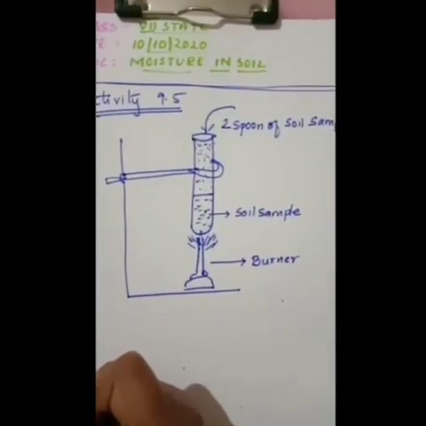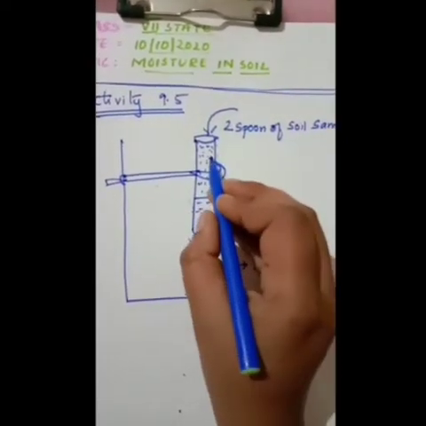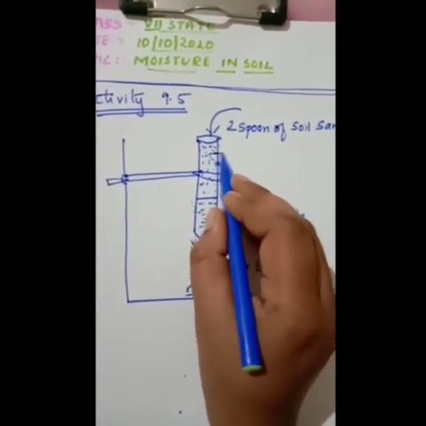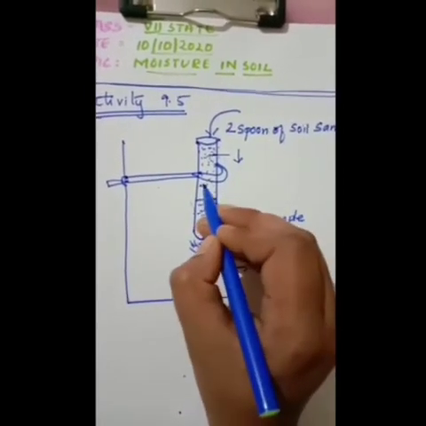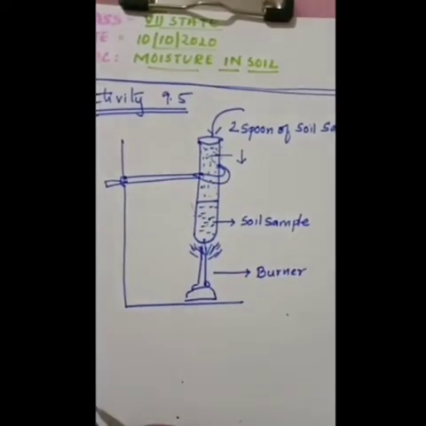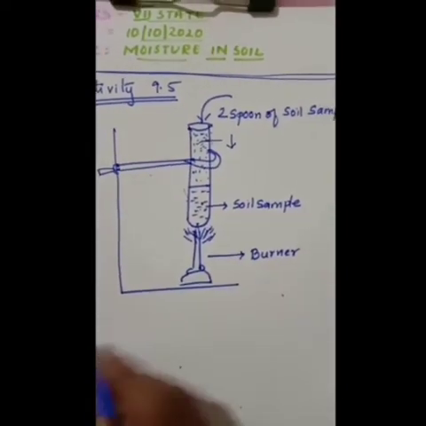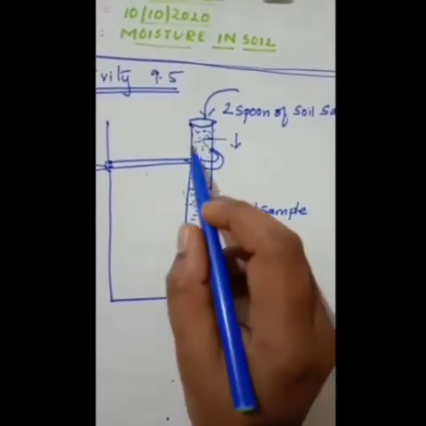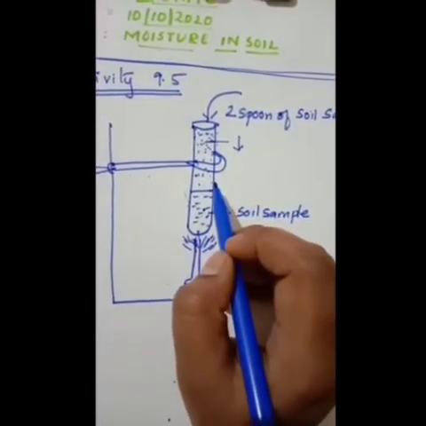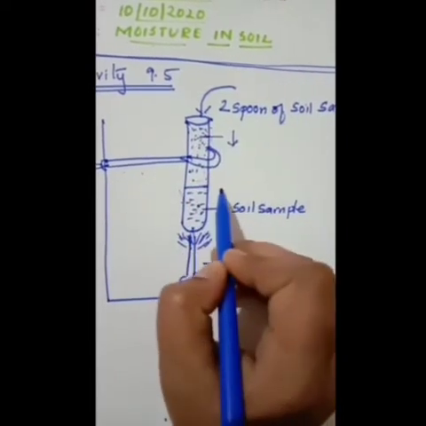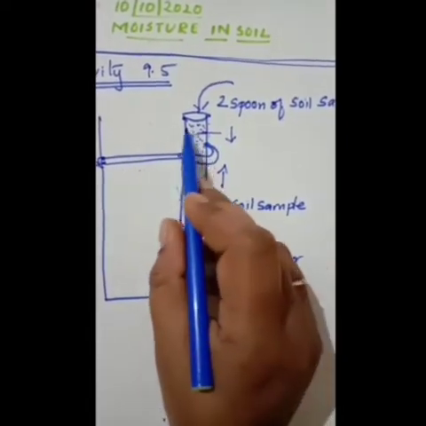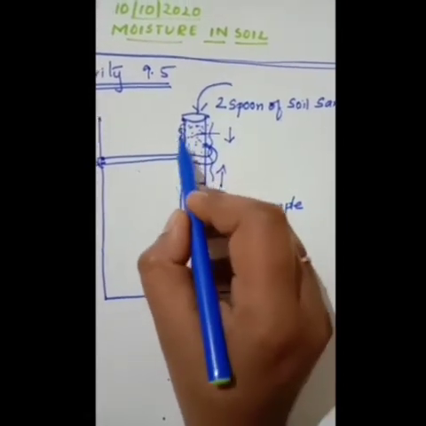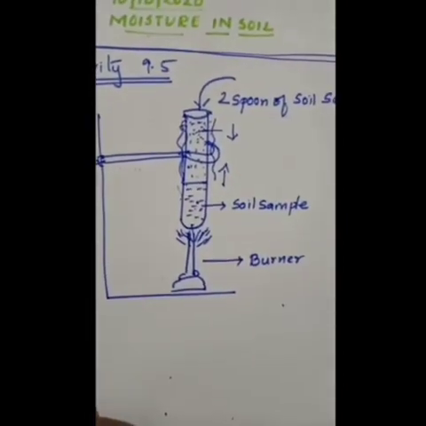Due to the temperature on this surface, it cools down, or condenses, and forms water droplets on the inner walls of the tube. That is the upper part of the boiling tube. So this is the upper part, and on the wall surface you can see water droplets.